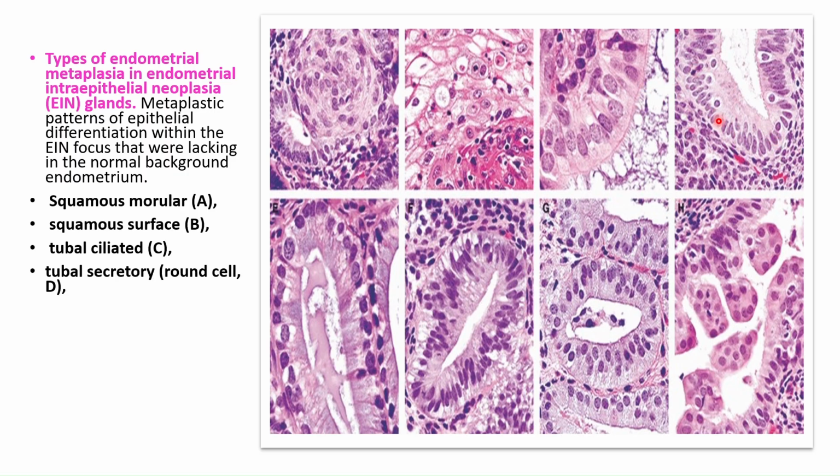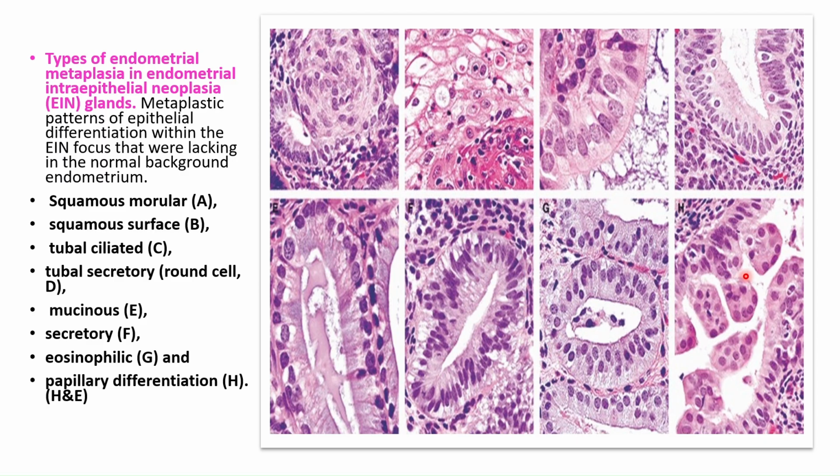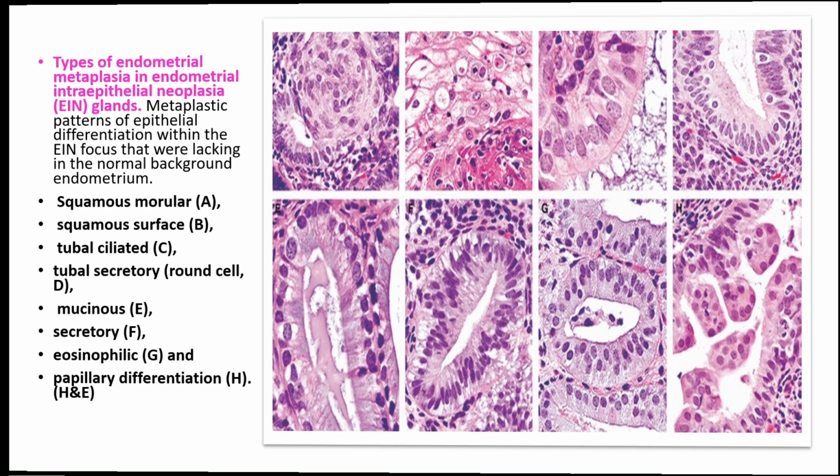Here it is secretory tubular round cell change. Here it is mucinous, containing mucin in the apical area within the lumen. This is secretory metaplasia, and we can see here, not visible clearly, but eosinophilic, and this is papillary differentiation in metaplasia.